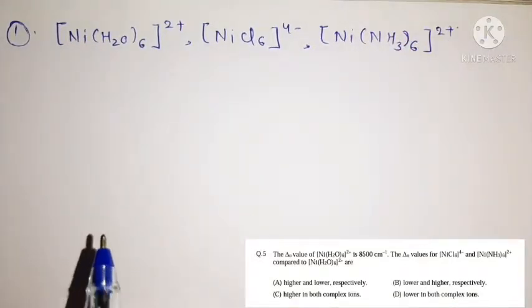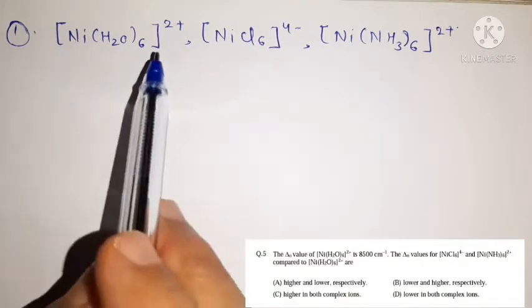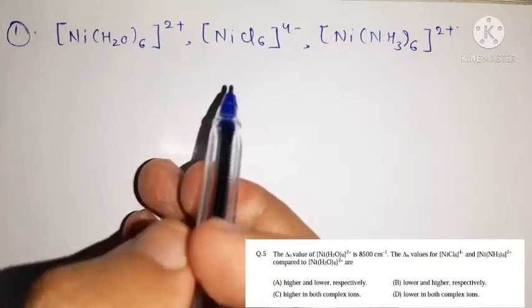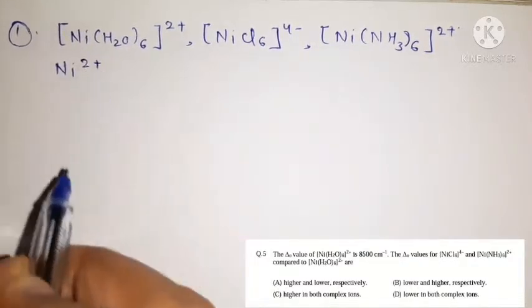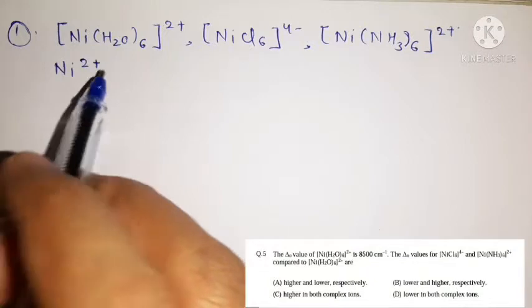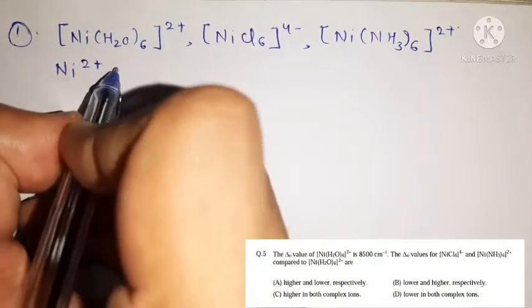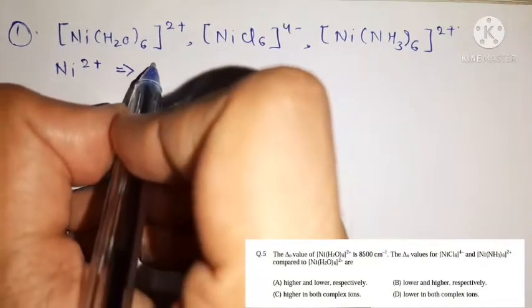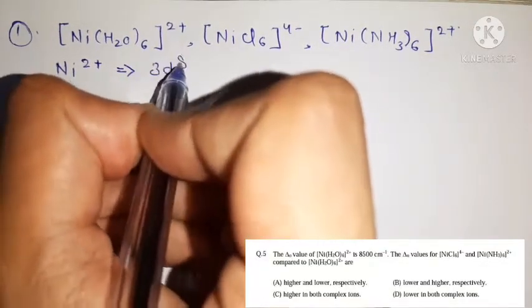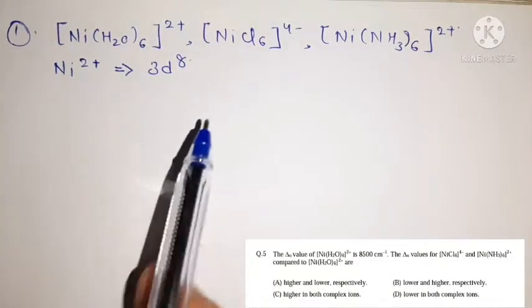Now friends, first thing you see, what is common in all these complexes? The common thing is in all three complexes nickel is present in 2+ oxidation state. It means its electronic configuration will be 3d8. Okay, the electronic configuration of nickel will be 3d8.